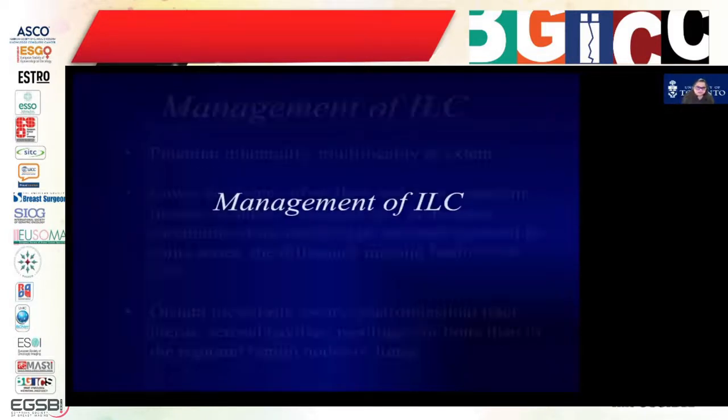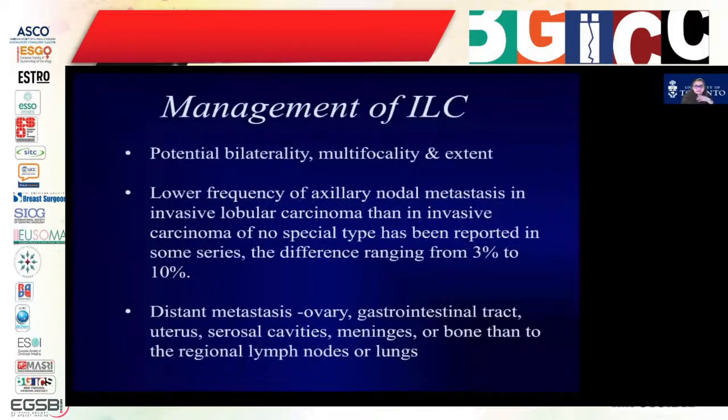So how would you manage invasive lobular carcinoma? Potentially, because of its extent, multifocality, and the fact that it presents late, that can obviously impact how you would manage it, but it's known to have a lower frequency of axillary nodal metastasis, which is a favorable situation for management.